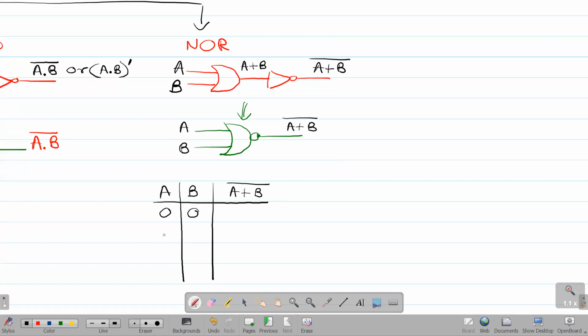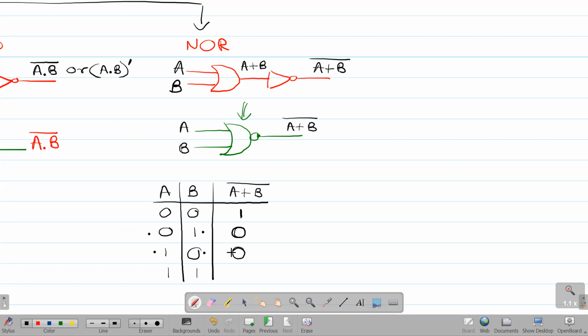The combinations 0 0, 0 1, 1 0, 1 1 can be there. Now what happens is it will add up, then invert. 0 plus 0, answer is 0. Once inverted, it is 1. 0 plus 1, answer is 1. Once inverted, it is 0. 1 plus 0, answer is 1.